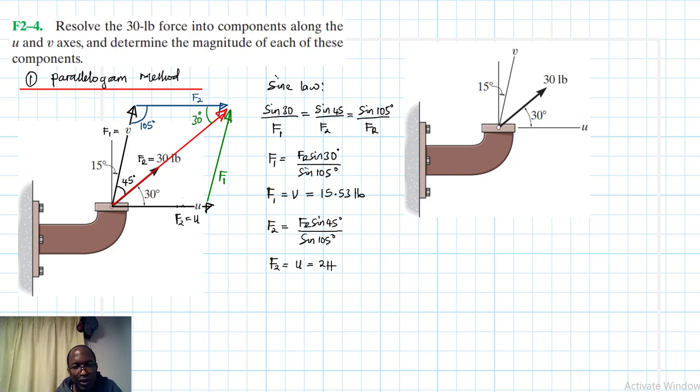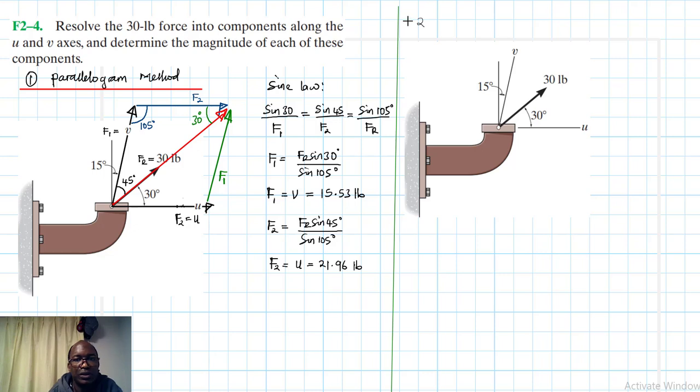So we have 21.96 pounds. So we have found the components U and V using the parallelogram. What we are going to do now is use X and Y components.